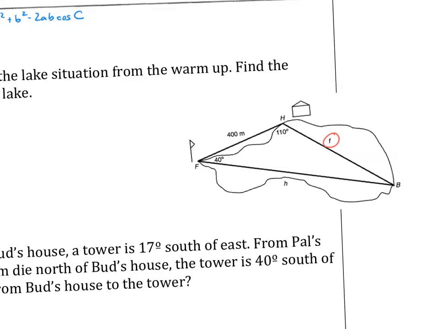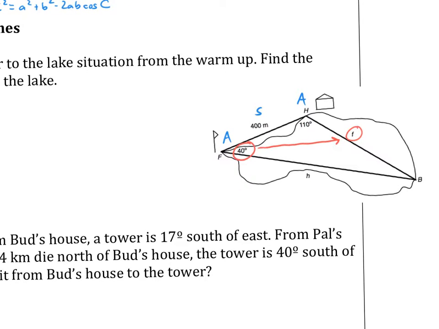Well, notice the pattern we have. Here's an angle, here's a side, and here's an angle. And let's pay attention to what is opposite. The 40 degrees is opposite side F. So if I did sine of 40 degrees, then that's going to be opposite the F right there.